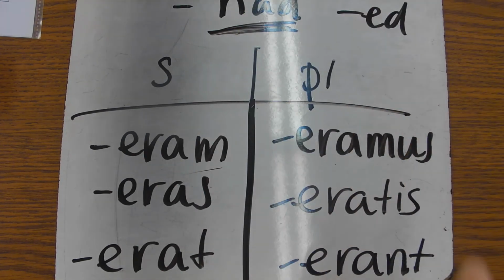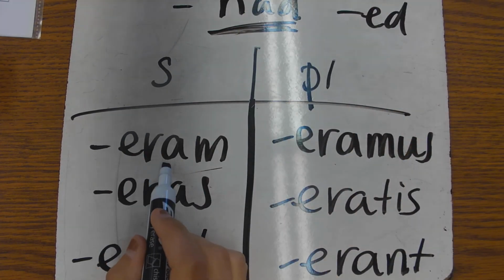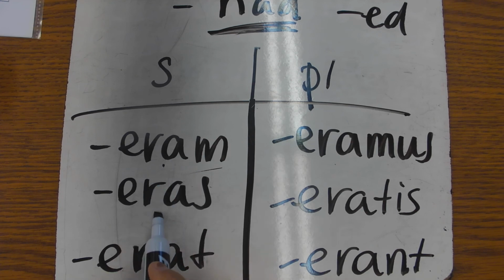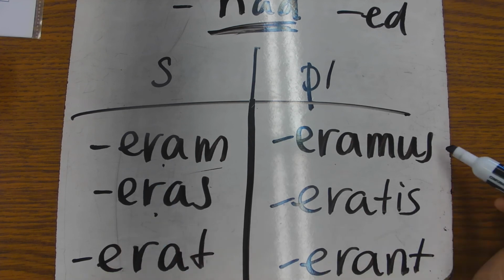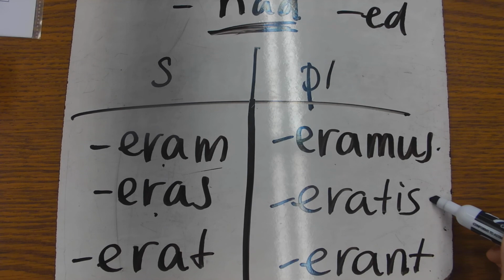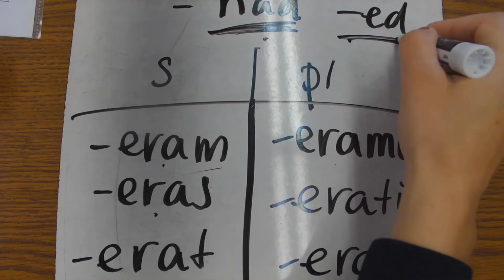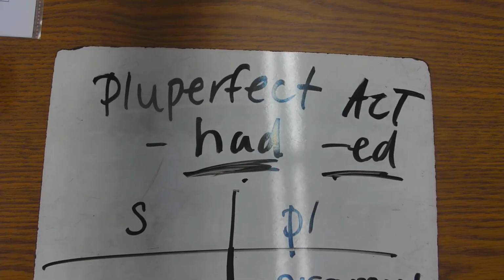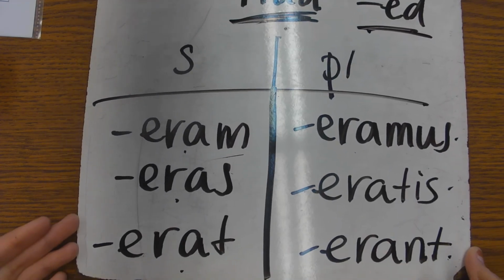So had walked, like I had blanked, you had blanked, he, she, it had blanked, we had blanked, you all had blanked, they had blanked. Okay? Had and then the ed. That is the pluperfect active.